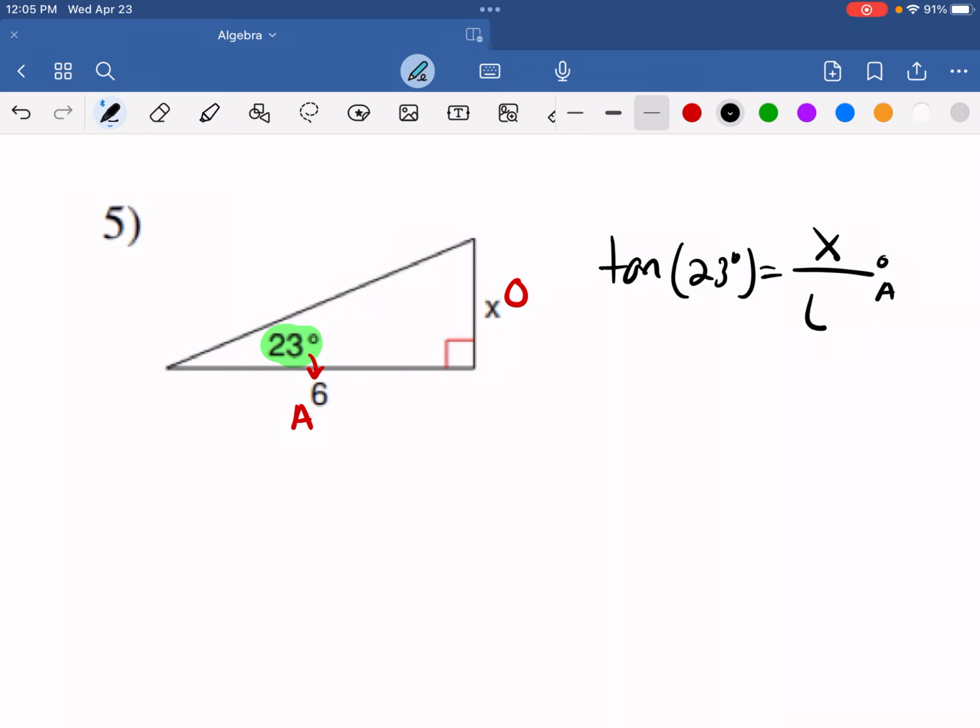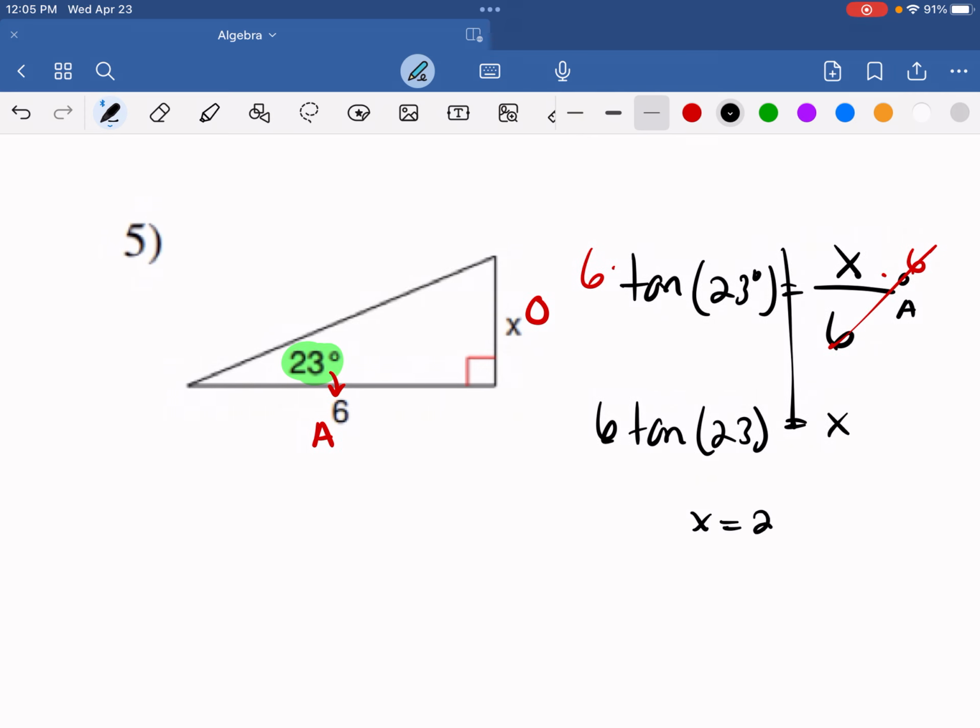So that'd be X and 6. Solve for X. It says divide by 6, so the opposite is to multiply by 6. So the answer is 6 tan 23. That's what goes in the calculator. 6 tan 23. And we get X equals 2.54. So the answer is 2.5.